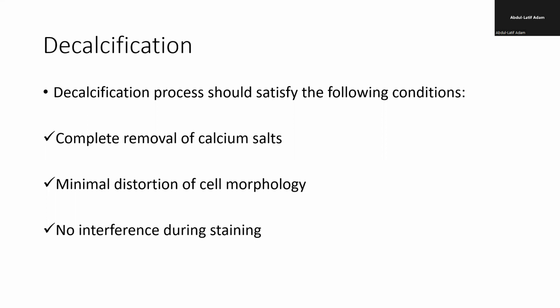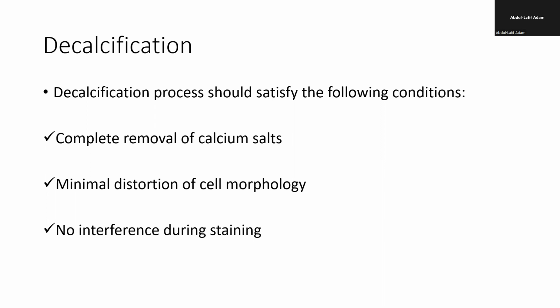Because if it distorts the structure of the cell, it can be misdiagnosed, because the cell will look abnormal and then it will be diagnosed as a pathology. Meanwhile, it might not be that kind of pathology that is wrong with the cell or the tissue. So the chemical that you are using for decalcification should not affect the structure of the tissue or the cell.